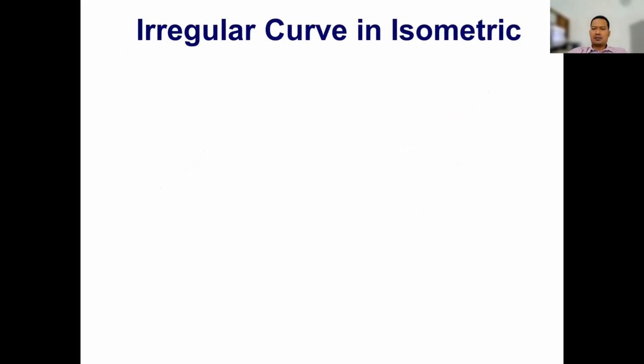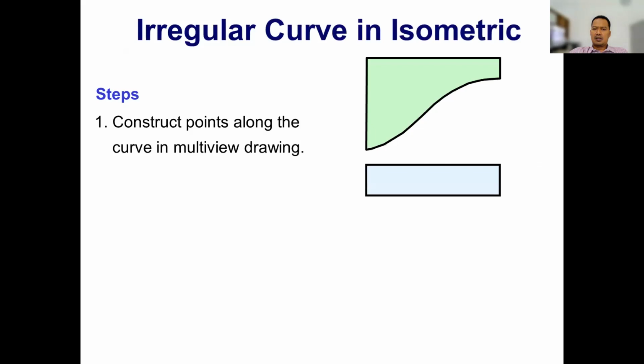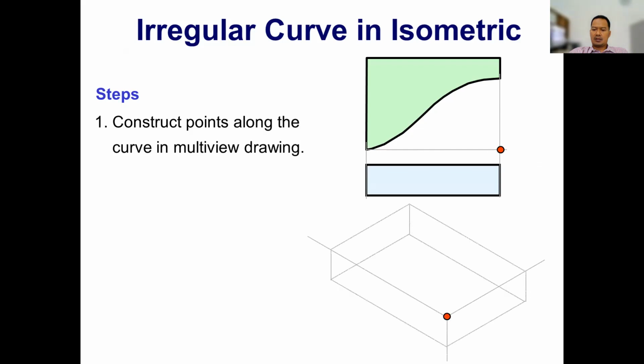And then irregular curve in isometric. For example, we have an irregular curve in isometric. How to draw like this? Step number 1, construct points along the curve in the multi-view drawing. So you have to construct points and then locate these points in the isometric view.